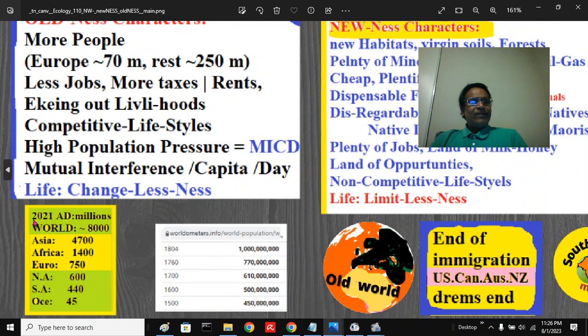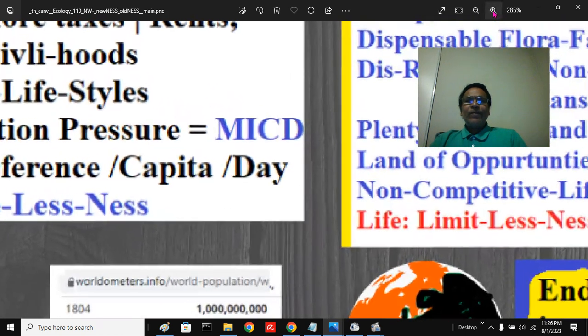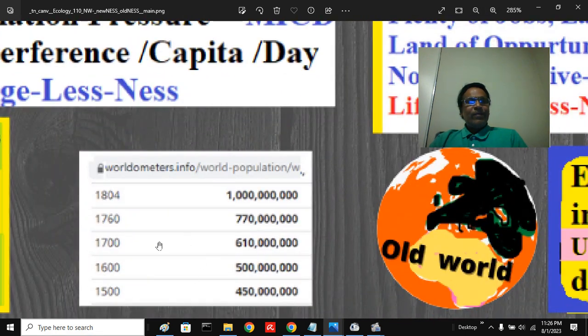As of 2021, the world has 8 billion people. The planet Earth has 8,000 million people today, among which 4,700 in Asia, Africa 1,400, Europe 750, North America and South America round about 1,000, Oceania 45. How do you compare that to the historical population?